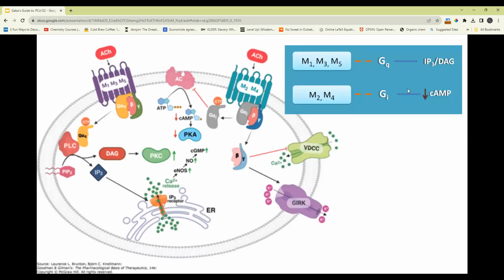Okay? When you think of Gq, I want you to always think about contraction, smooth muscle contraction. So Gq receptors specifically cause smooth muscle to contract. Gi, however, is controlling the function of the cell. So M2 and M4 are talking about function, whereas M1, 3, and 5 is talking about contraction.